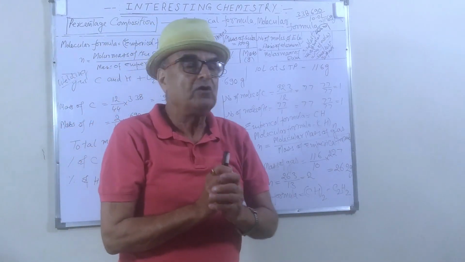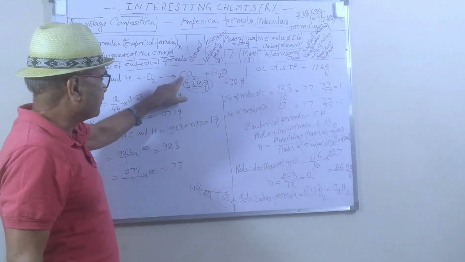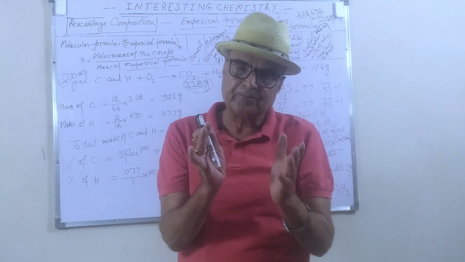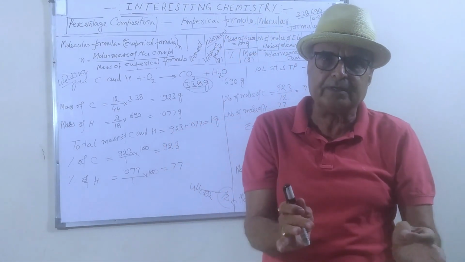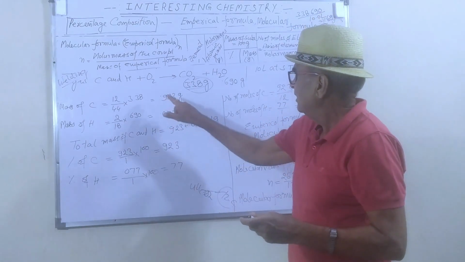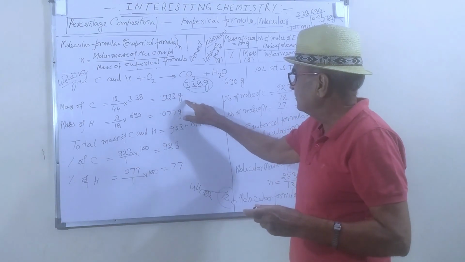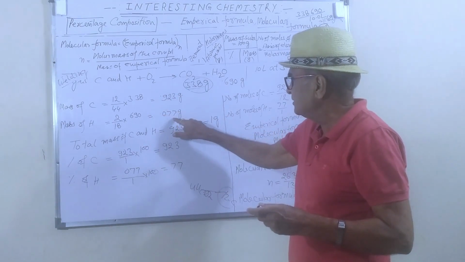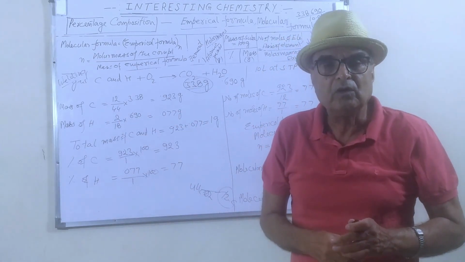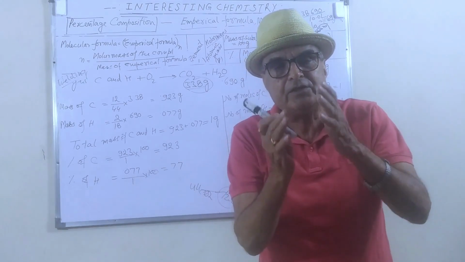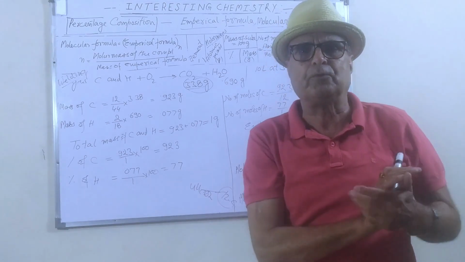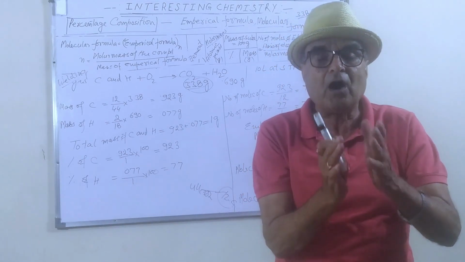In this way, from the amount of carbon dioxide and water, we are able to calculate the amount of carbon and the amount of hydrogen, and that is 0.923 gram carbon and 0.077 gram hydrogen. Now you will convert this amount into the percentage composition. Percentage composition, how will you calculate?